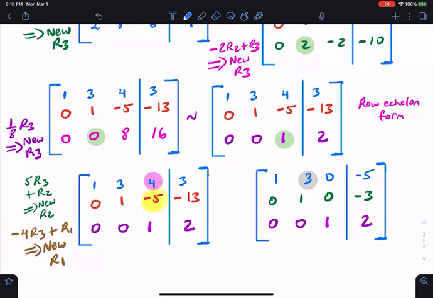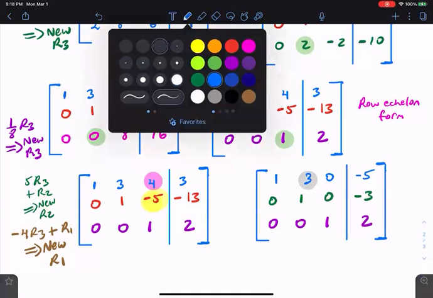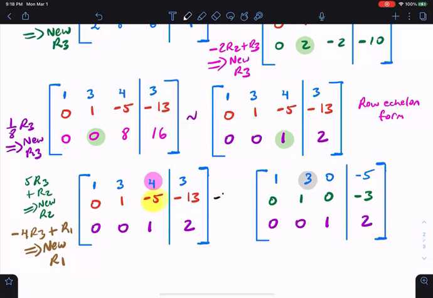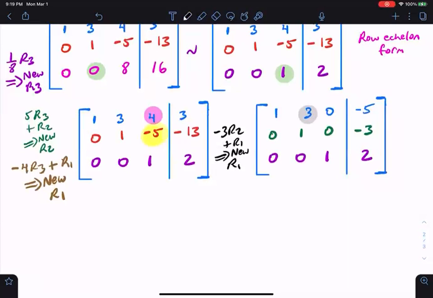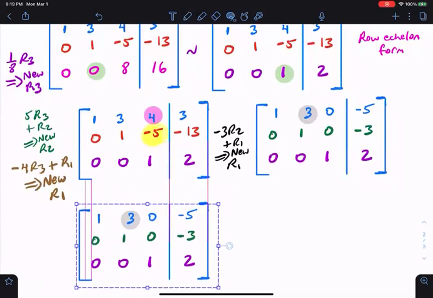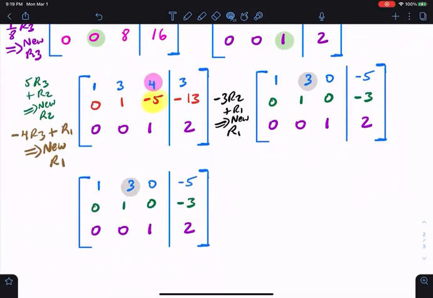So I'm gonna multiply, let me put that in another color. Okay, -3 row 2 plus row 1 will give me new row 1. So let's do that. Remember, I want to get rid of that 3. Everything else remains the same except row 1.